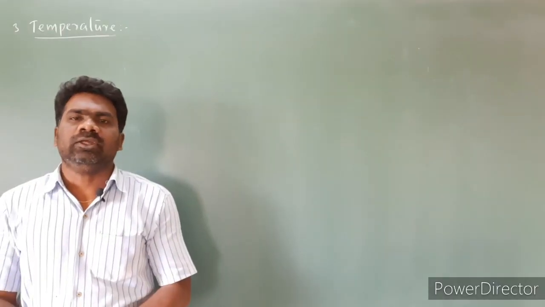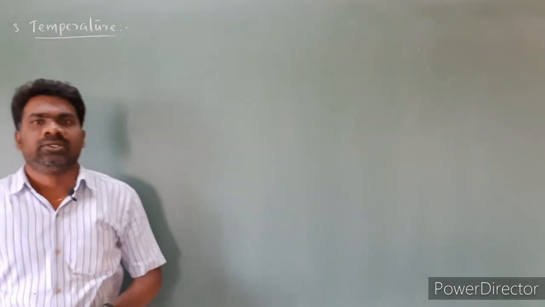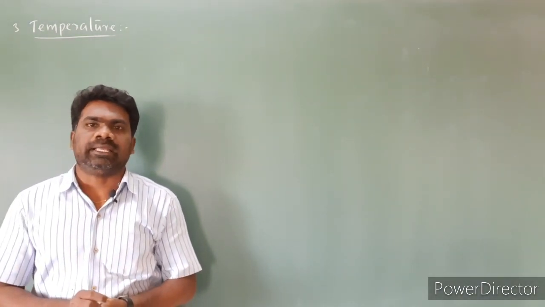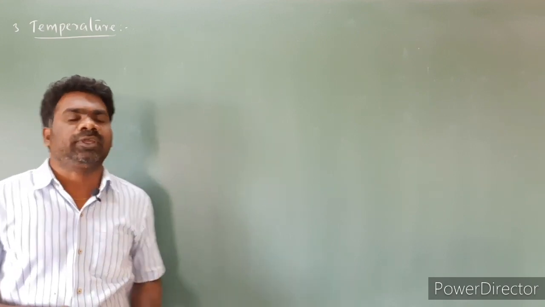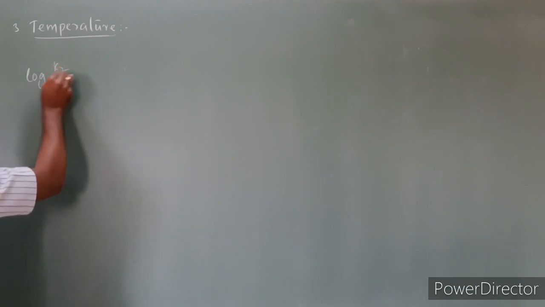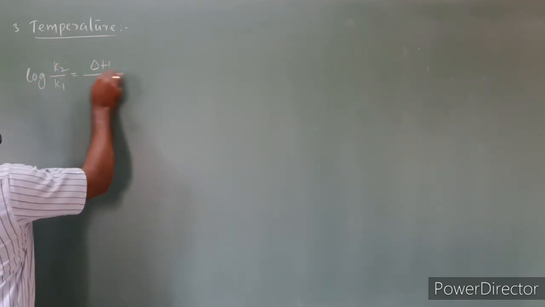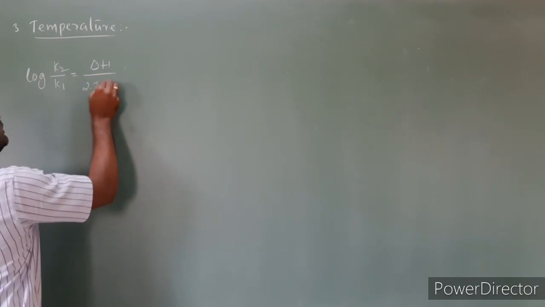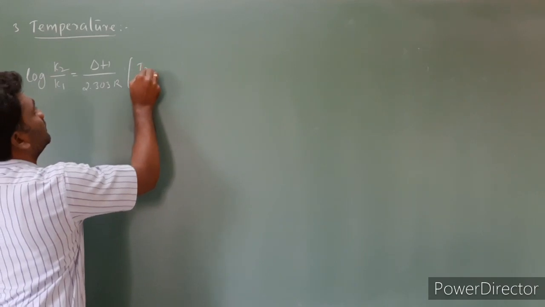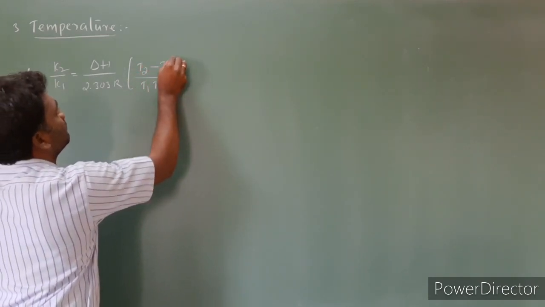Next, the value of the equilibrium constant depends on temperature. This is the third one. The effect of temperature on the equilibrium constant can be explained by using the van't Hoff equation. The equation is log K2 by K1 is equal to delta H by 2.303 R into T2 minus T1 by T1 into T2.